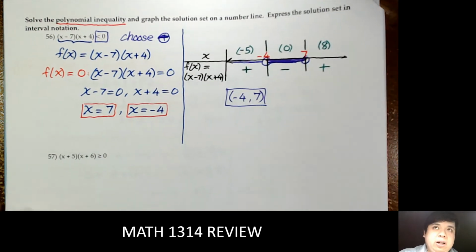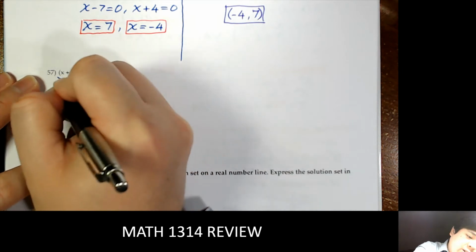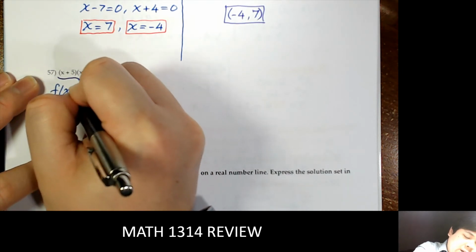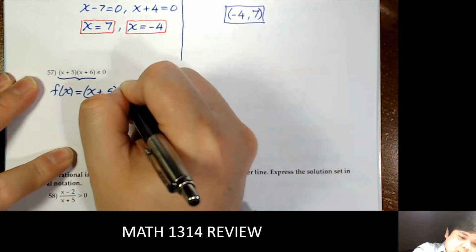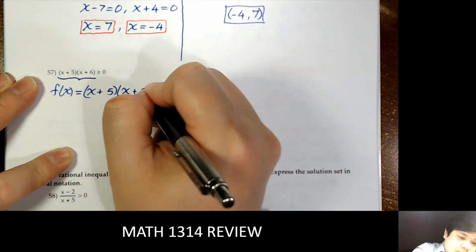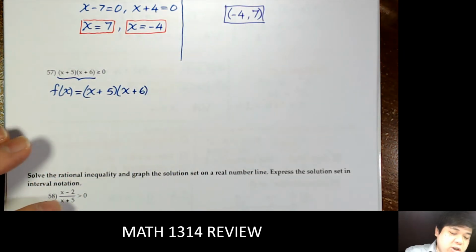The next one is going to be the same. We have the function x plus 5, x plus 6, and we'll make the function equal to 0.